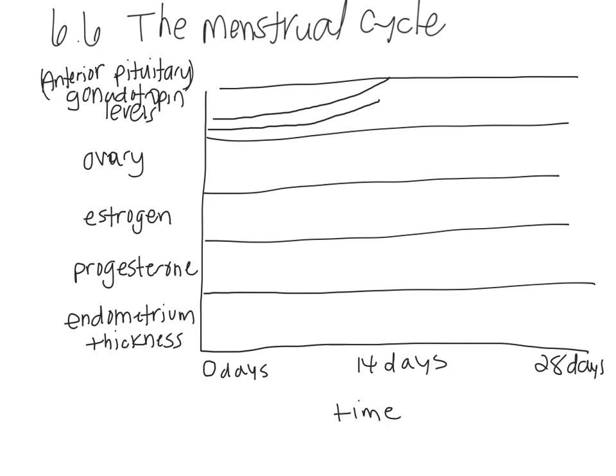If we remember what LH and FSH do, one of the things that they're doing, specifically this FSH, which is this bottom line, follicle stimulating hormone, is it's going to cause the development of the follicle. So I'll note that here as follicle development.